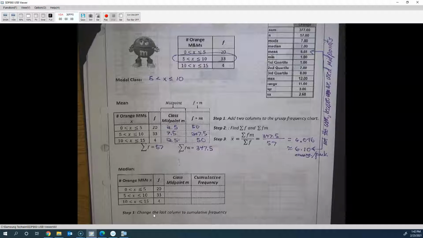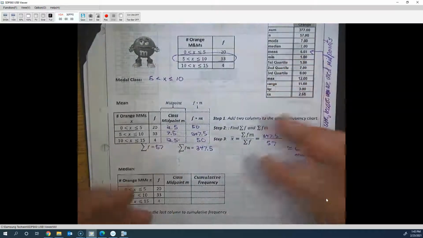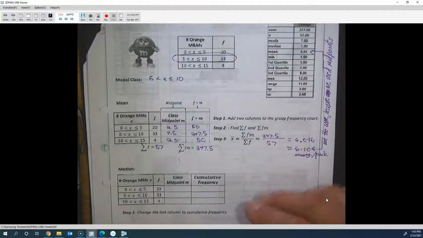Yeah, so what I got from that was you can't use the spreadsheet unless you know the individual numbers. No, you still can use the spreadsheet, but you would just be using the midpoints instead. If I had all the individual numbers, I would never use the midpoint because the midpoints would be inaccurate.